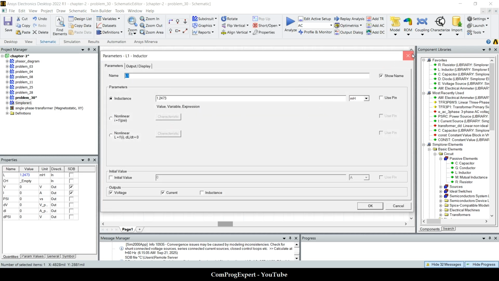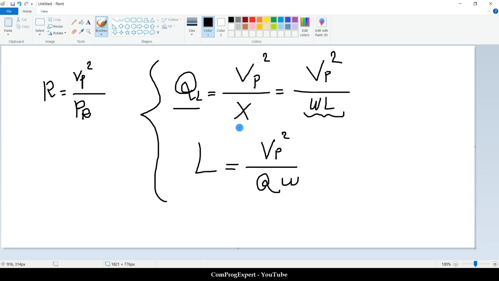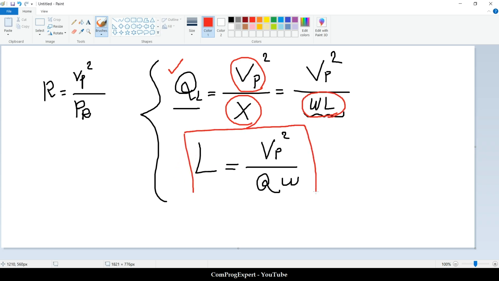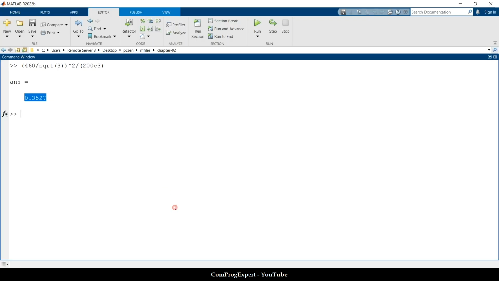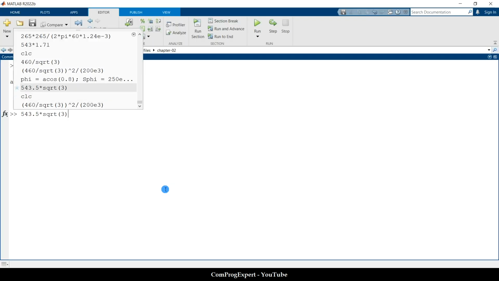What about the value of the inductance? Yes, here we have this reactive power. We can calculate reactive power per phase. And this is the phase voltage. This is X, the reactance, that is equal to omega L. So this is the value of the inductance. I implemented this equation here.